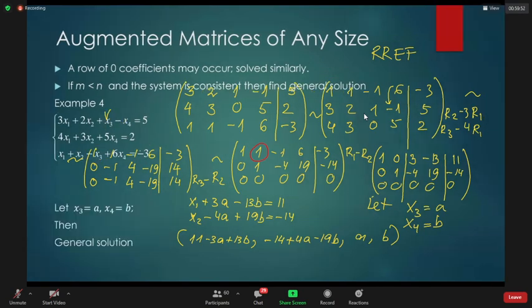This is what I actually did. So the general solution, there we go. And then when we choose whatever numbers for a and b, we can express particular solutions.